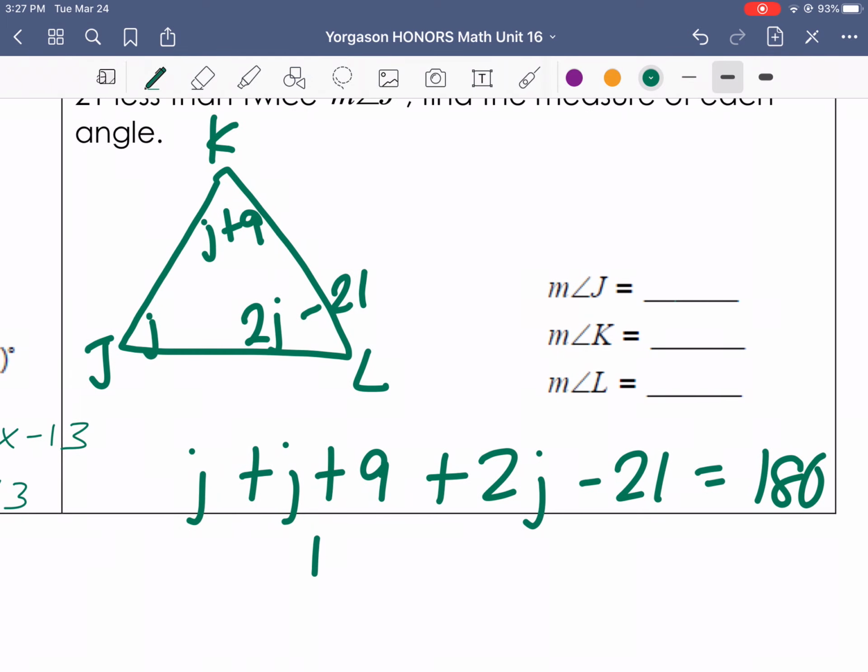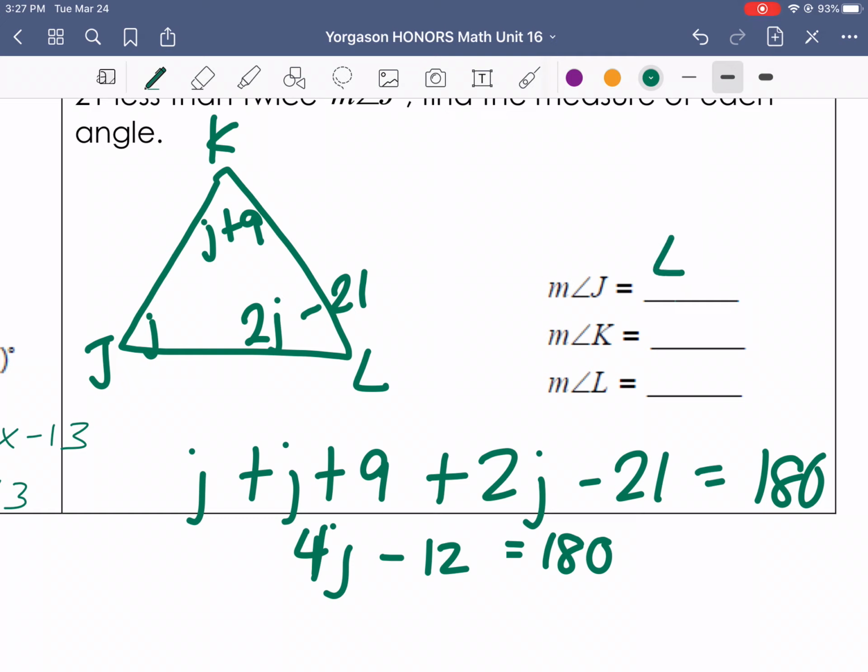Okay, so combine like terms, we'd get 4j minus 12, I think. Let me double check just because I would hate to be wrong while everybody's watching. Yeah, 4j minus 12 equals 180. Then we could add 12 to both sides and divide by 4. 192 divided by 4 is giving us 48.